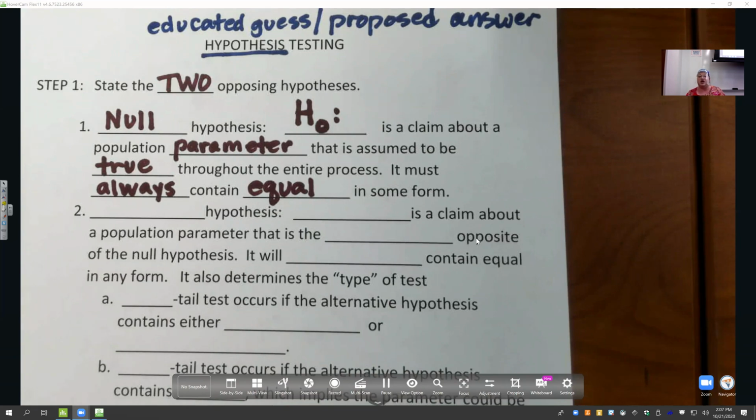Now, we could have a claim or a hypothesis about the mean, the standard deviation, the variance. We could do any of our population parameters. Our primary focus is going to be on the mean. Okay, our primary focus is going to be on the mean.